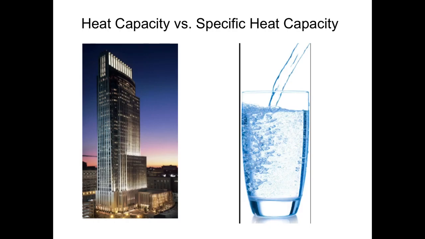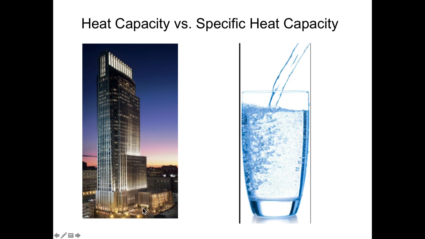Next concept to cover would be heat capacity versus specific heat capacity. So this is a picture of the First National Tower in downtown Omaha, the tallest building currently in the state of Nebraska. And this is a glass of water. We looked at heat capacity, which means the total amount of heat that an object can hold.